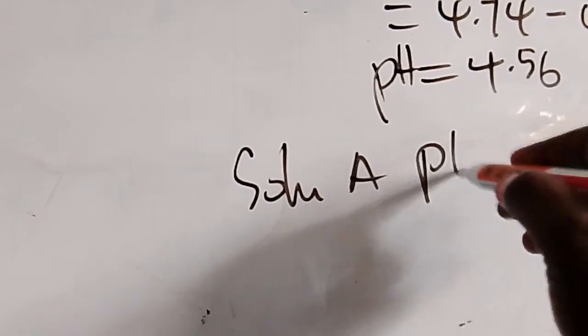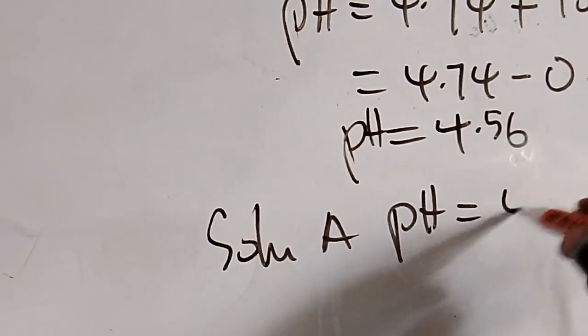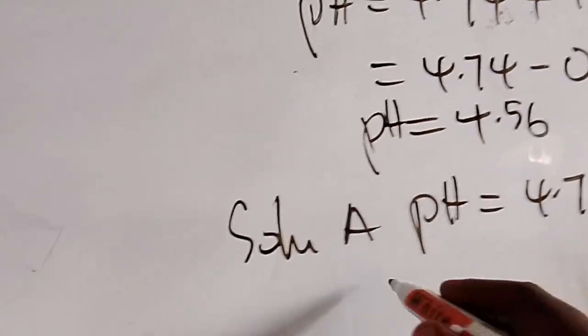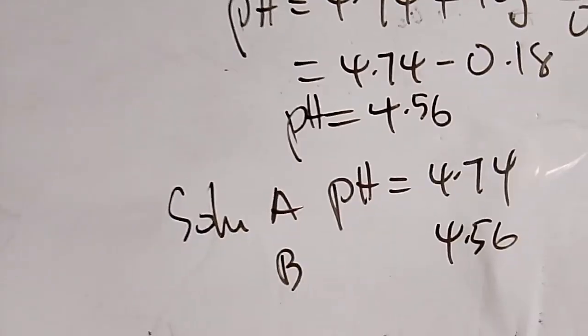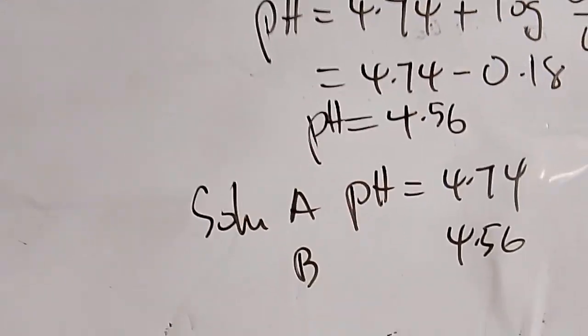Okay, so for solution A, the new pH is 4.74. Then for B, it has gone to 4.56.